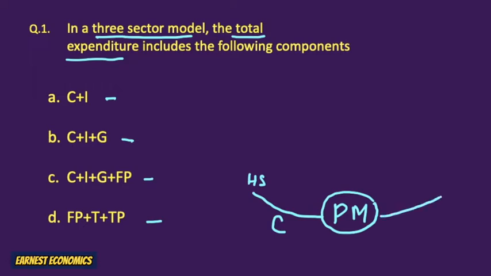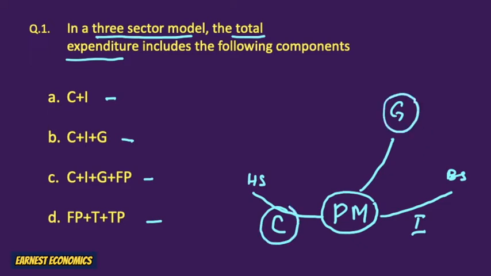The second source of demand is the business sector itself when it makes investment, and the third source of demand is the government sector when it purchases goods and services from the business sector or the product market. So these are the three components of total expenditure in an economy with three sectors.